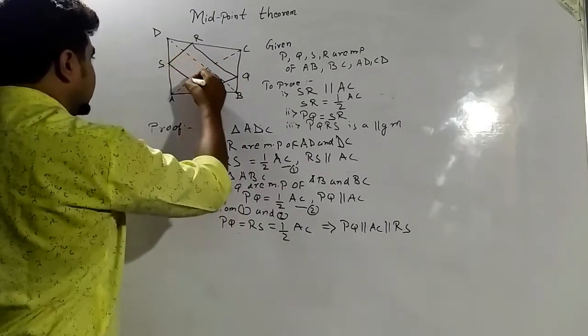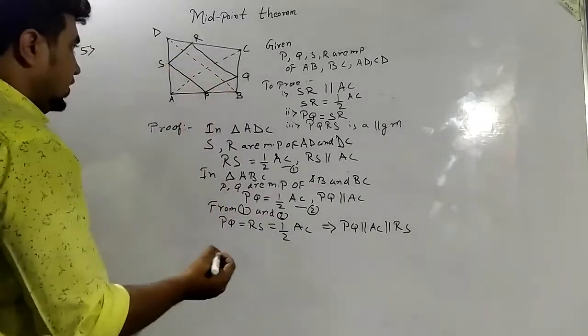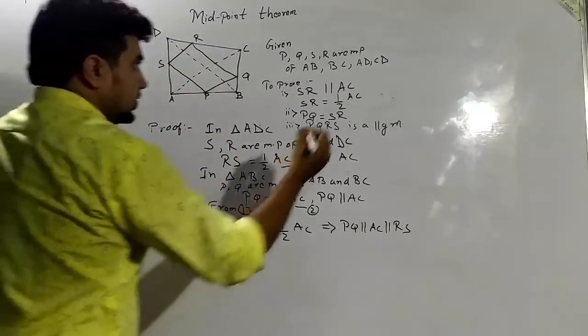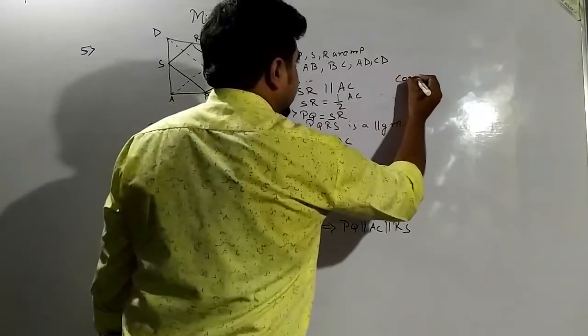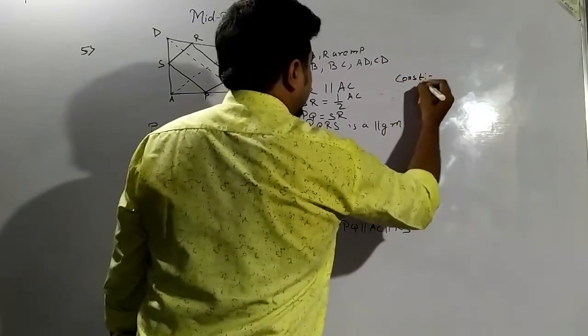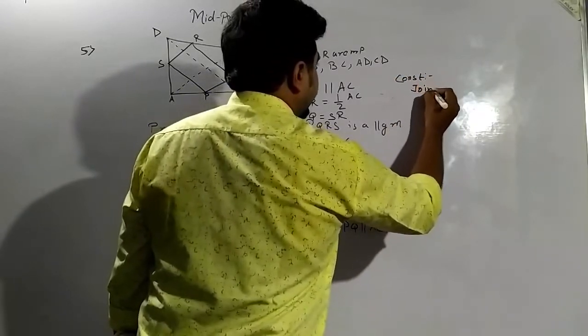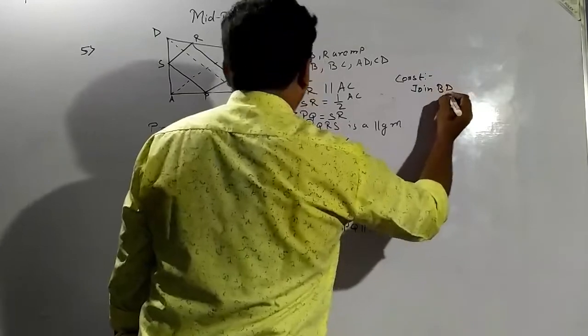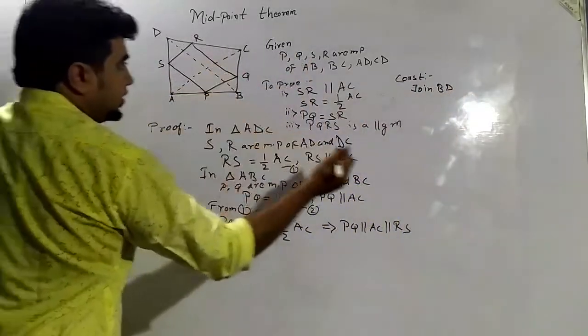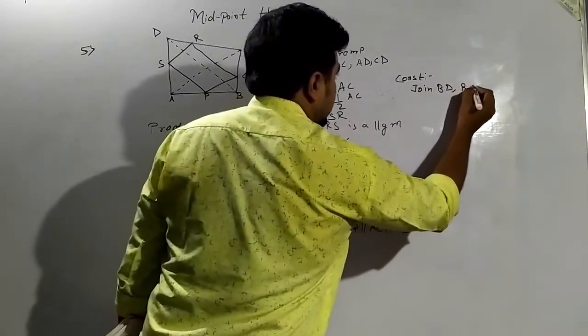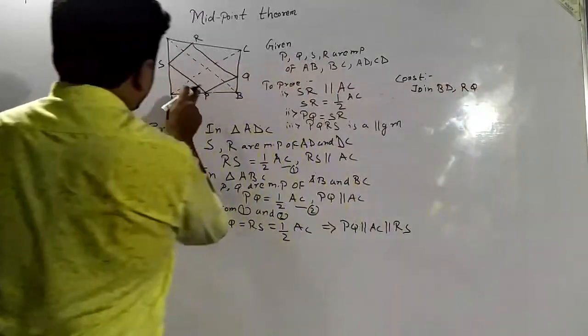This is a construction I am doing: join BD, join RQ, and then join PS.